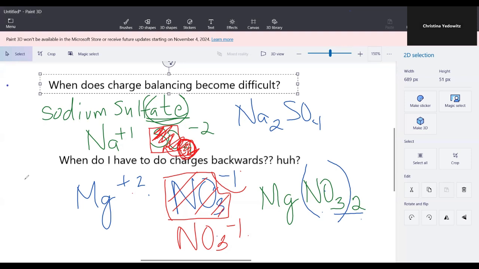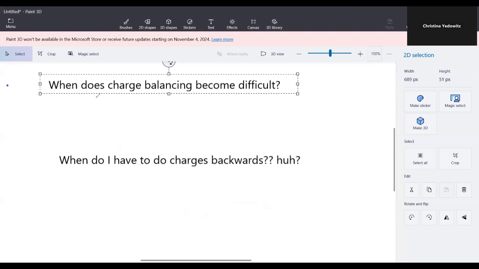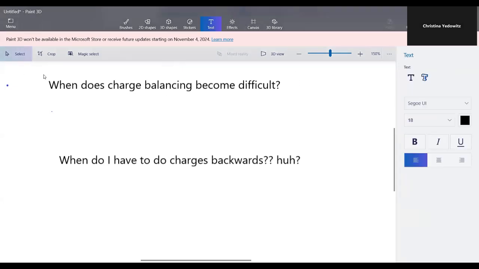All right, the other situation that you might run into is when you have to work with charges backwards. Okay, and that has to do with the whole transition metal problem. So the transition metal problem is that transition metals have multiple charges.